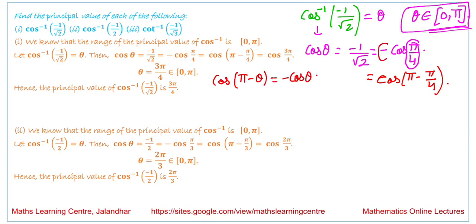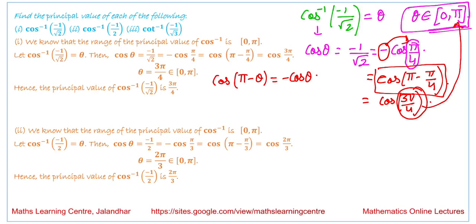So we have minus cos theta over here, so it is cos of pi minus theta, that is equal to cos of 3 pi by 4, and this value 3 pi by 4 belongs to the interval 0 to pi. So the principal value of cos inverse of minus 1 by root 2 is 3 pi by 4.